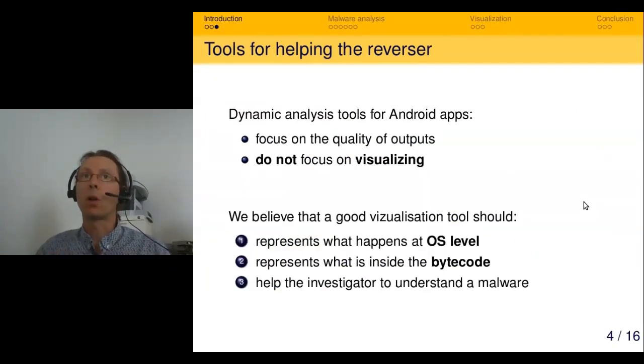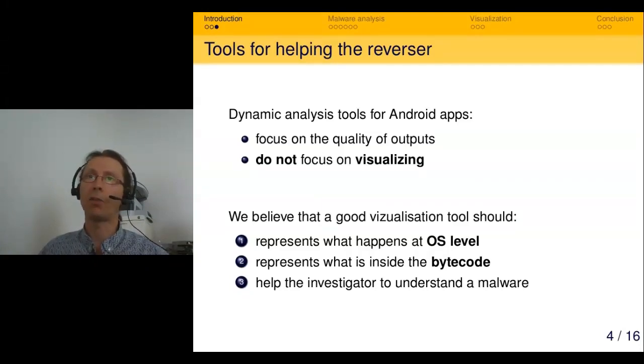We focus in this work on dynamic analysis. It means that we use some tools to get some information during an execution. When you look at the literature, most of the time, the researchers give new outputs of their dynamic analysis. They collect some new information, but they don't work on visualizing. And we believe that visualization tools would help.